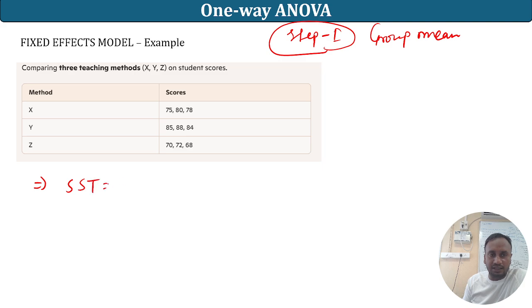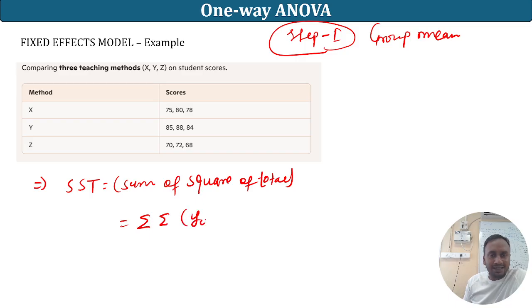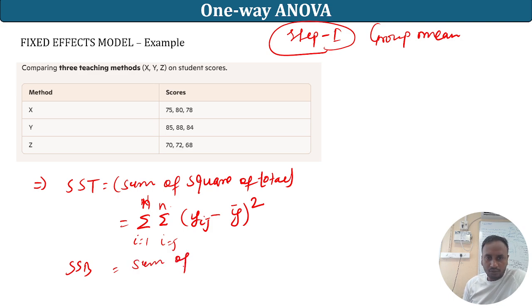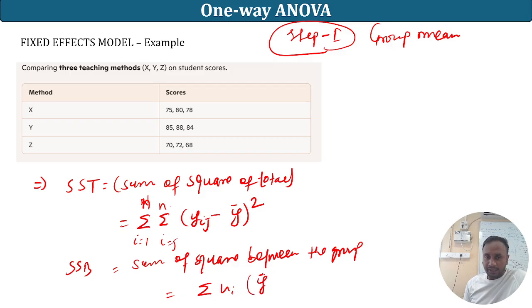We calculate the SST, the sum of squares total, with the formula Yij minus total mean, with i going from 1 to small n for that particular group j. Then we calculate the SSB, between the groups, with the formula of summation of n, the number in that group, times the mean of that group minus the total mean, squared.